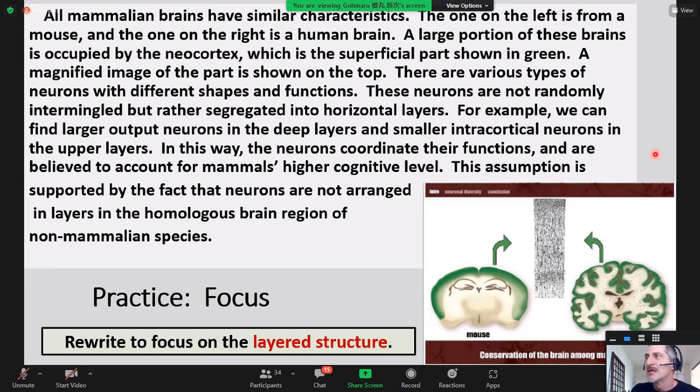But let's think about how we can improve this passage. First of all, I would like to ask you to create a topic sentence. In the year-round class, recently I haven't done this, but I had people rewrite the whole thing. It's quite difficult, but only if you're a biologist and familiar with brains.